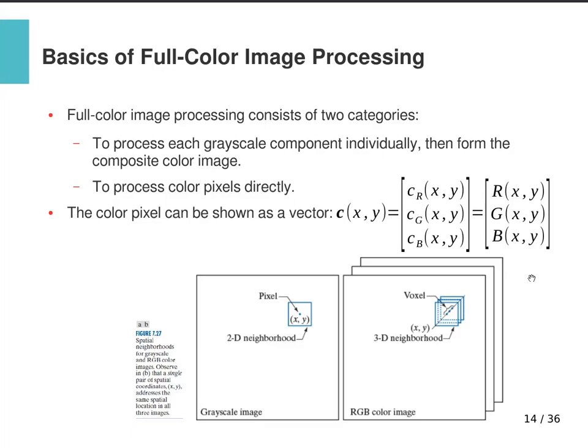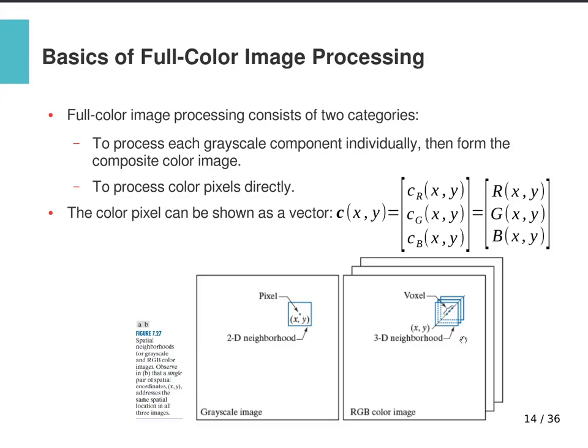Any pixel in a color image is shown with a vector of different number of values. In this image, you see an example of a grayscale image. We have pixel X and Y at the center of this two-dimensional neighborhood, and for each one of these pixels, we only have one value that represents the intensity.